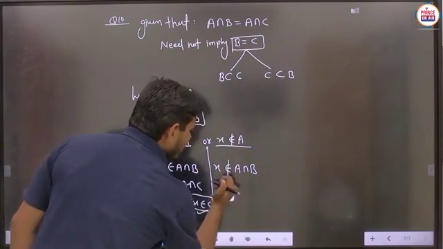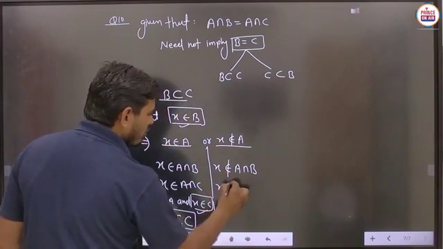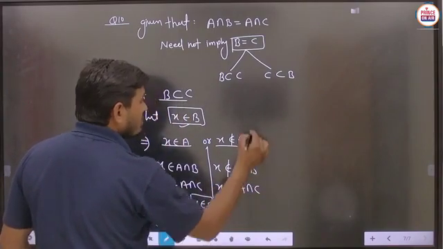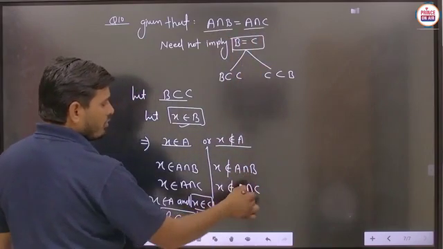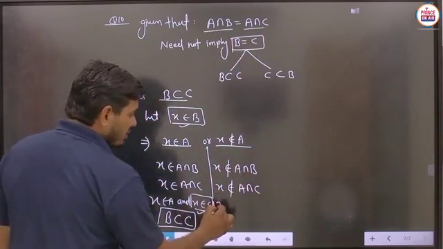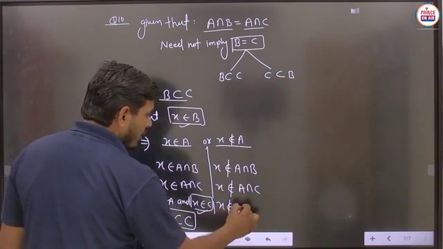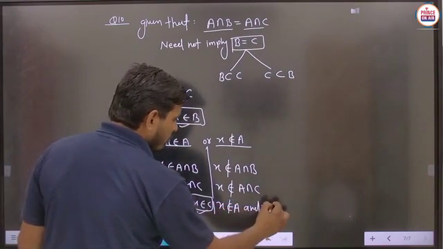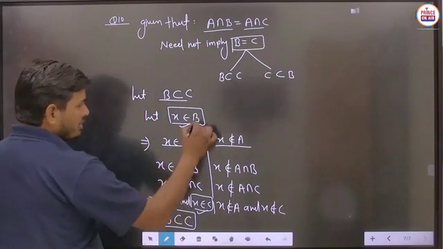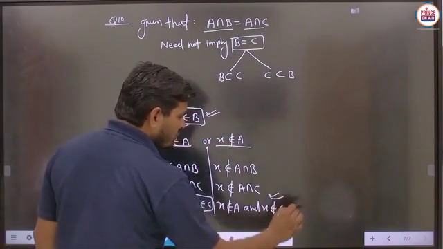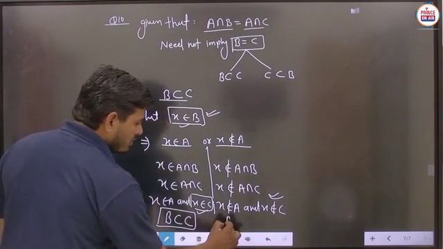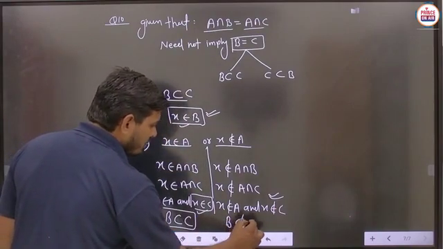So x does not belong to A intersection C, because A intersection B is given as A intersection C. On behalf of this result, you can apply the A intersection C. So you can say that x does not belong to A and x does not belong to C. Now you can say that this x belongs to this particular set B, but here we are obtaining x does not belong to set C. So in this case, B is not found to be a subset of C.